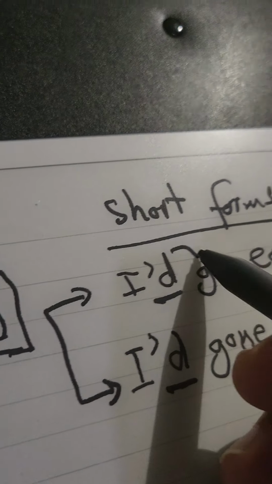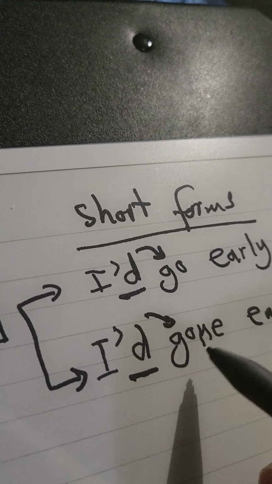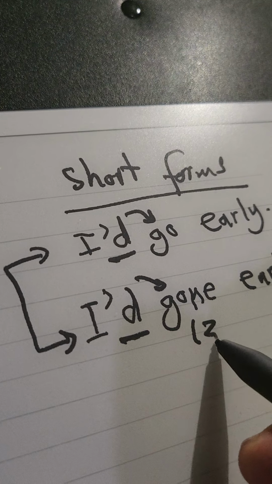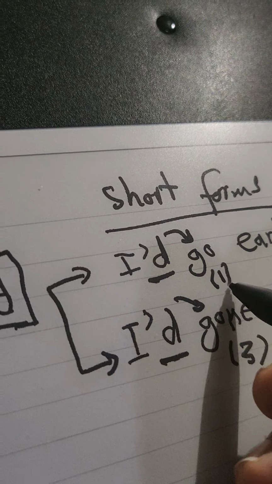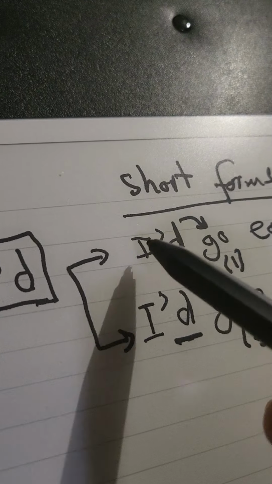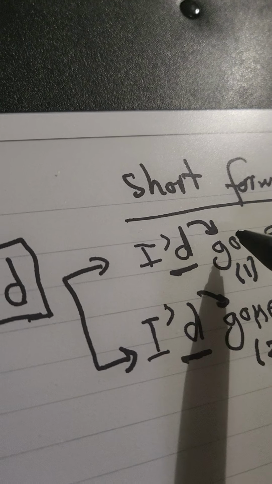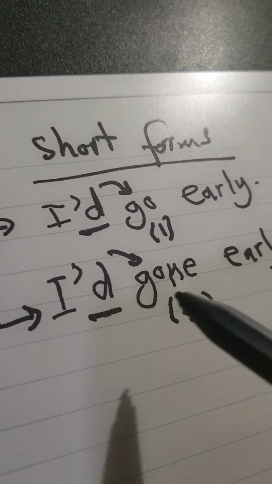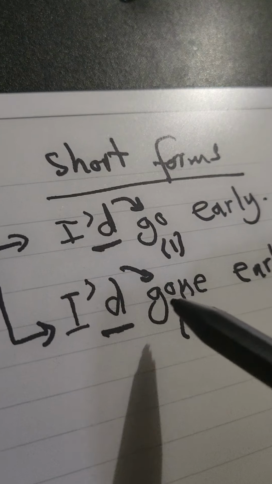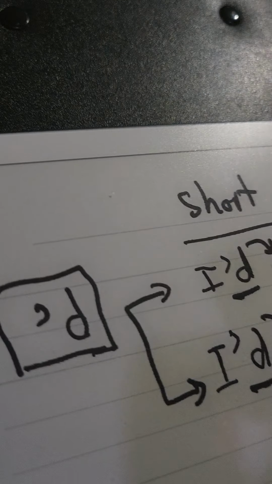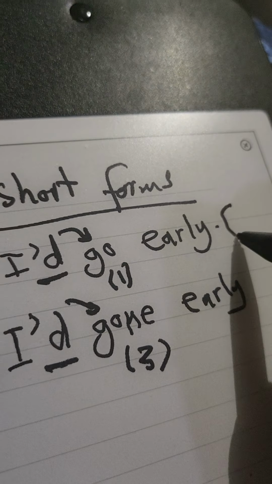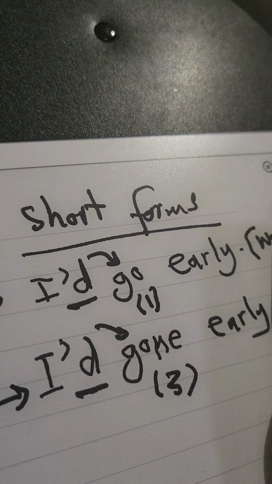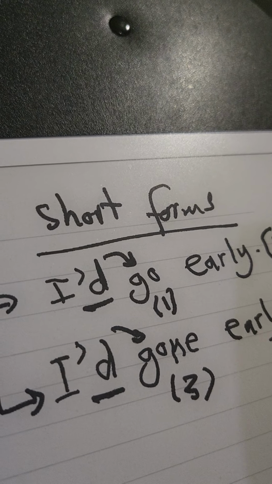The same, but here the verb is go, and here the verb is gone. Gone is the third form of go. Go is the first form. So why is apostrophe D followed by the first form of the verb go here, and by the third form of the verb here? Because the first one means would.